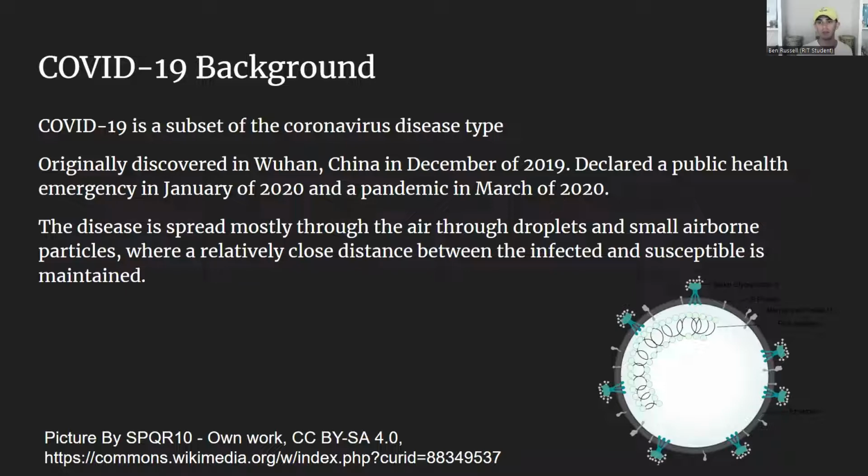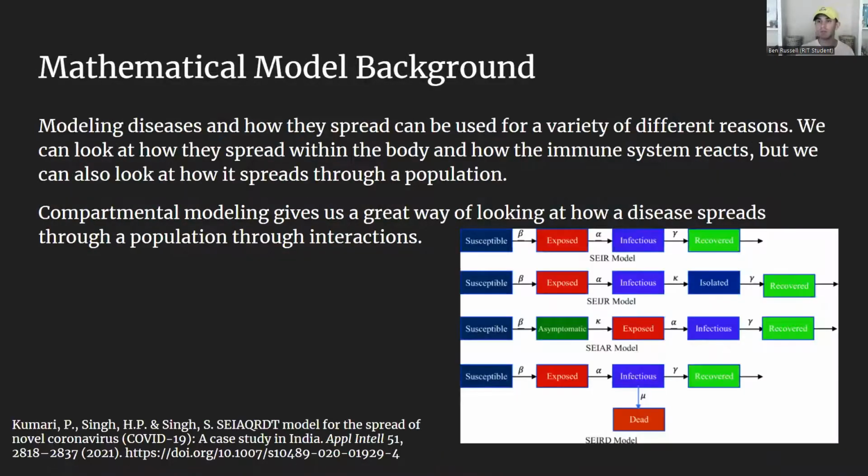We haven't seen a lot of research done into the codynamics of pneumonia and COVID in general. We've seen a lot with HIV and malaria and other types of large diseases, but there are no carriers, and it's just air droplets. So we're going to model this by using an SIR model, which is a compartmental model, and it's a variation of SIR model. An SIR model is susceptible, infectious, and recovered.